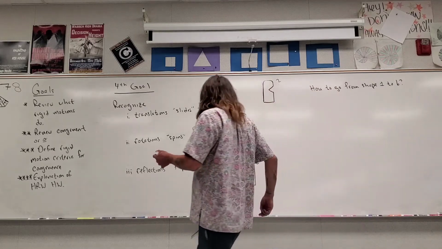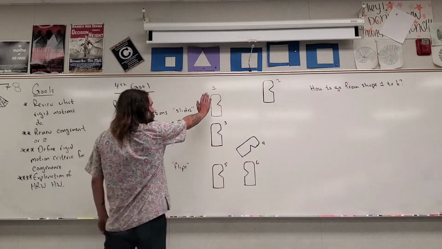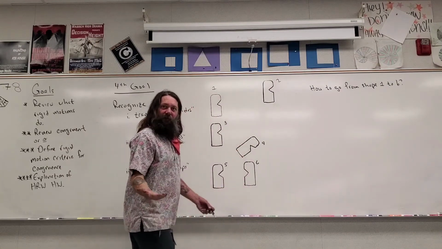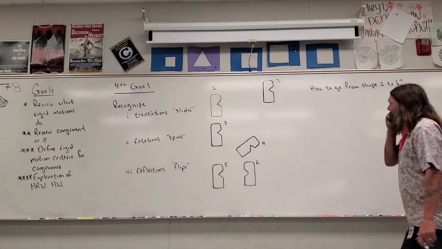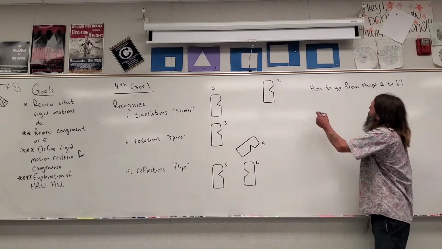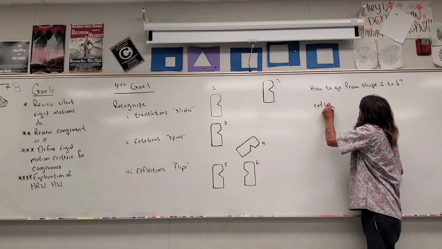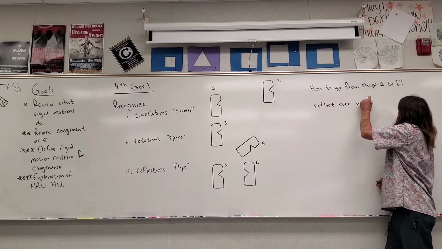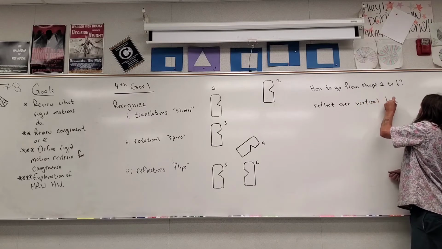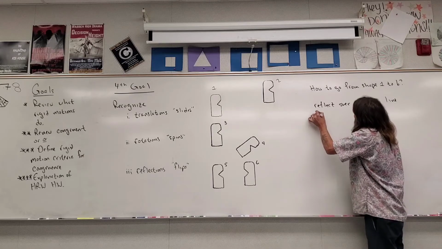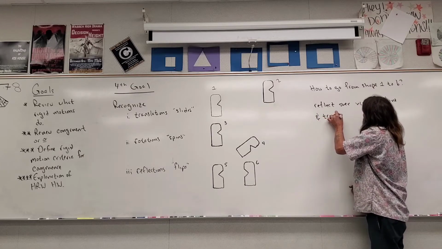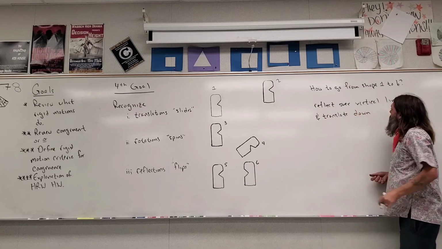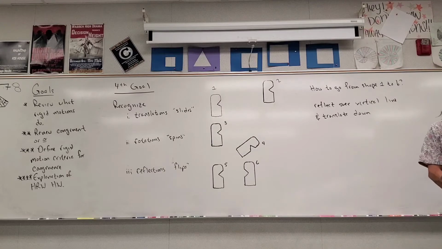So something that stands out to me is if I was to reflect it over some line and translate it down, right? So reflect over a line and translate down. Over a vertical line, right? So that would be what you would be doing on HRW.